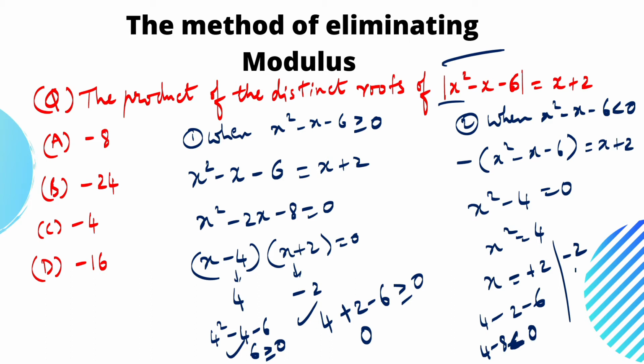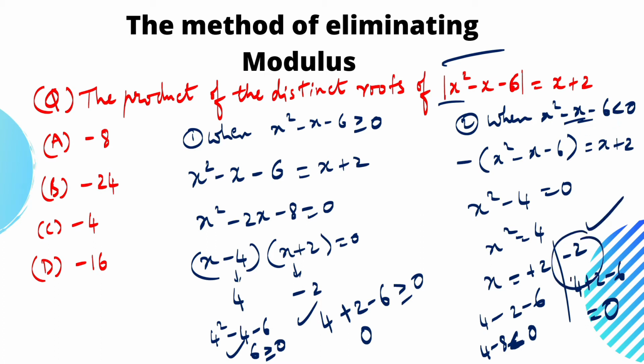For the other case, if we substitute −2, 4 + 2 − 6 is equal to 0. However, this condition requires less than 0. There is no equality sign in this condition, hence −2 doesn't satisfy it.